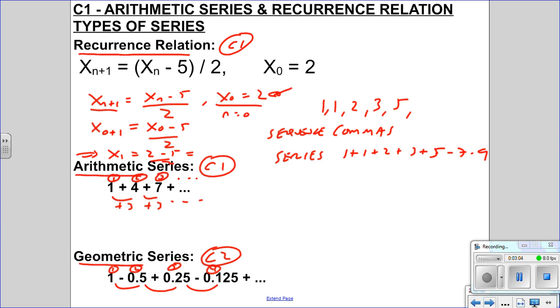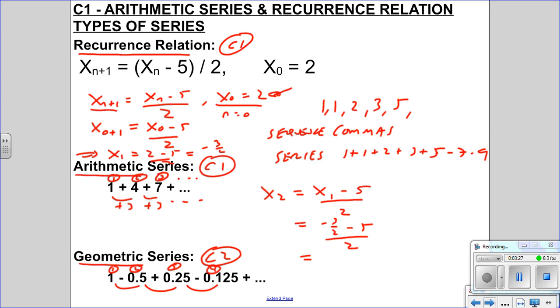And we get 2 minus 5 is minus 3, all over 2. There we go. And then the second term would be using the term before it. So x1 over 2 this time. So x1 we just found out was minus 3 by 2, minus 5 over 2. And then we can start finding that.